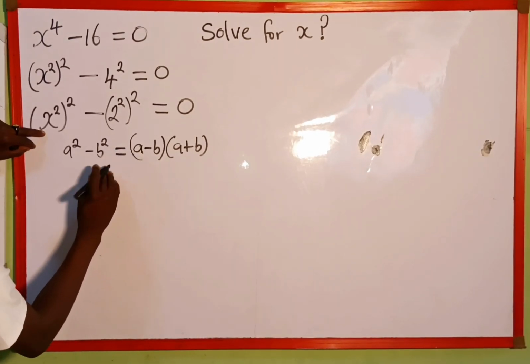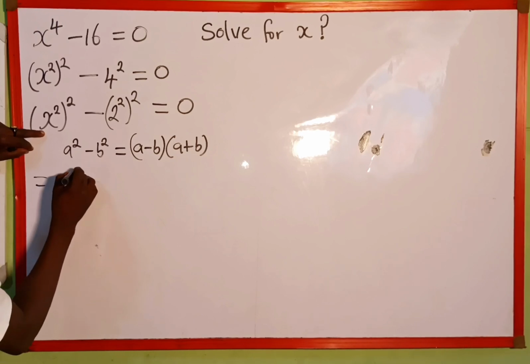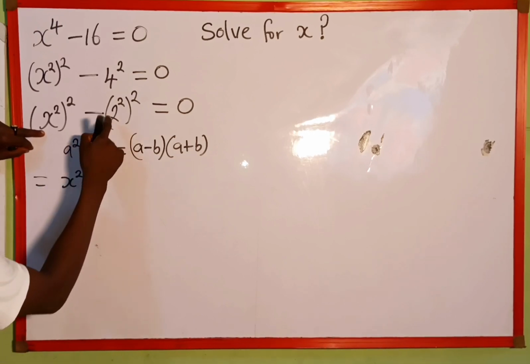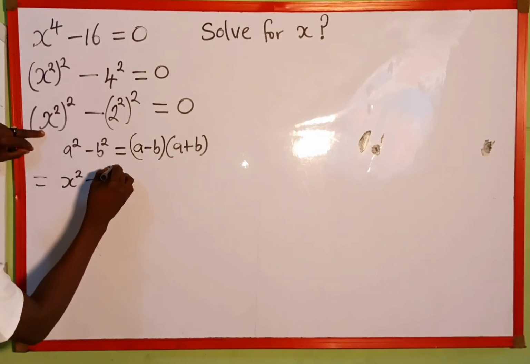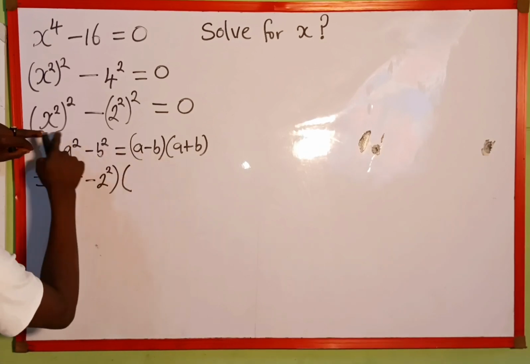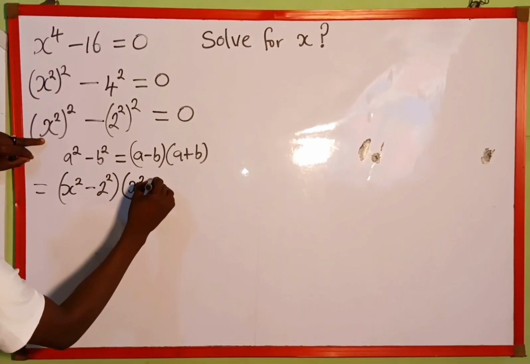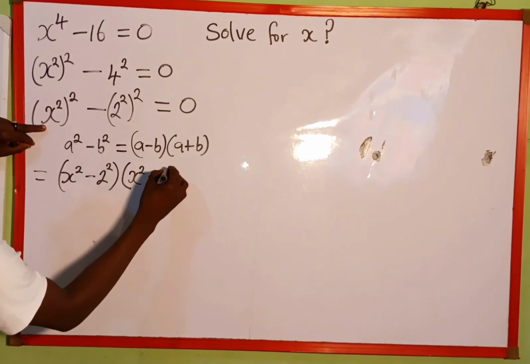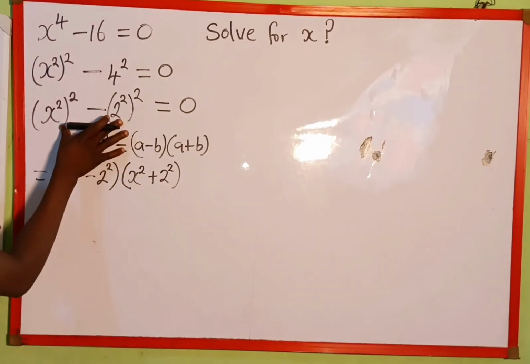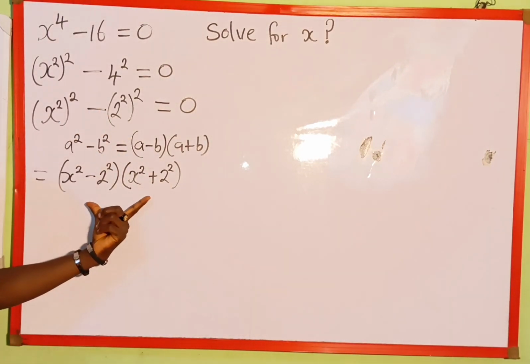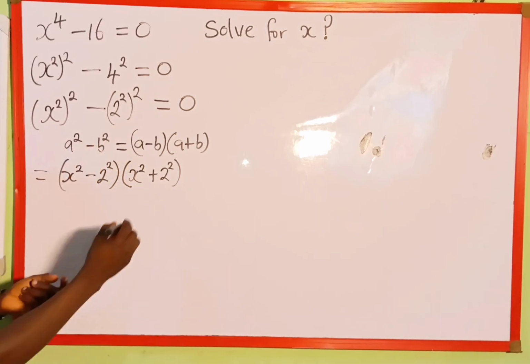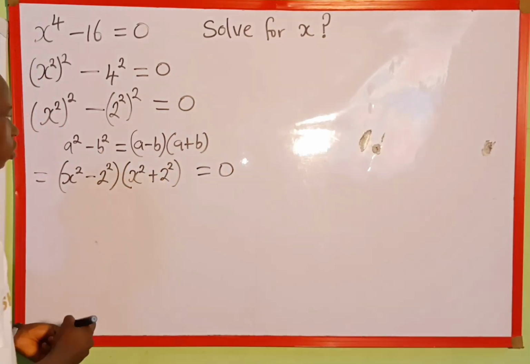A represents what? X to the power of 2 minus b, which is 2 to the power of 2. Then multiply by a plus b. A is what? X to the power of 2 plus b, which is 2 to the power of 2. So the whole of this can also be written as this using this identity. So everything now will be equal to 0.